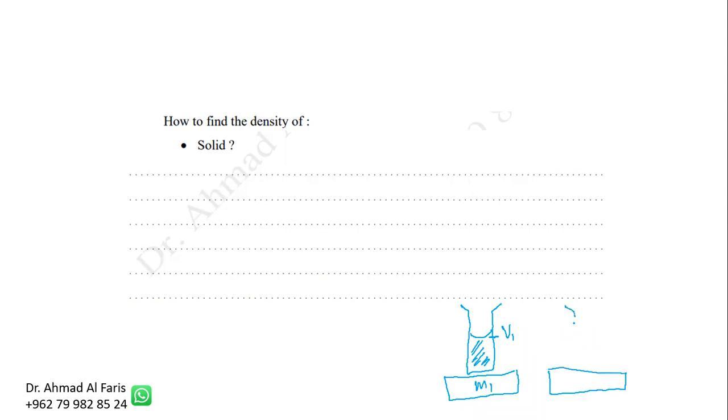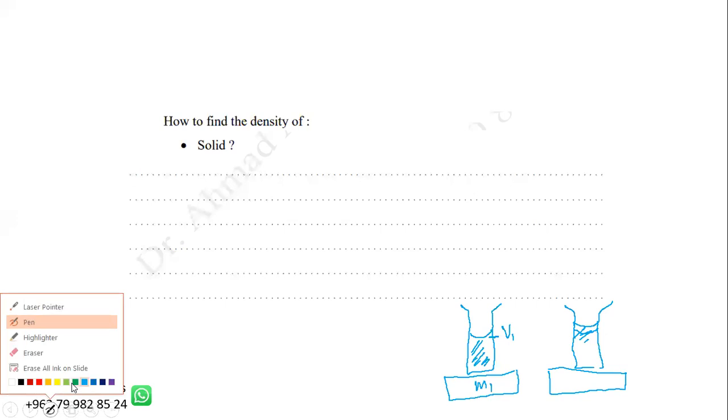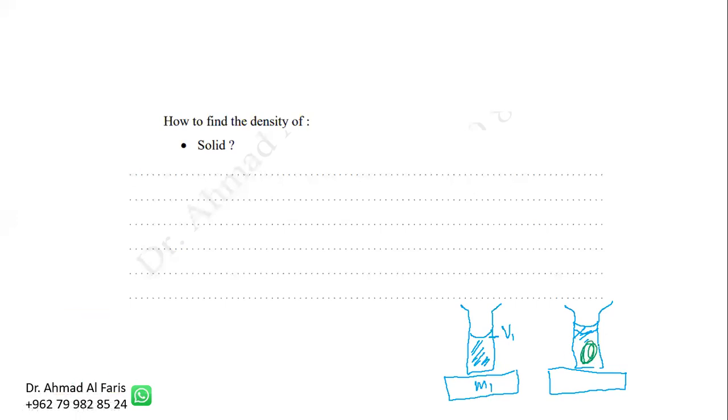Then we put the stone or the object inside it, okay, and measure what? For example, this is the object inside. Measure the new mass and the new volume. Then what will we say? Density equals the difference in the mass divided by the difference in the volume. Exactly.